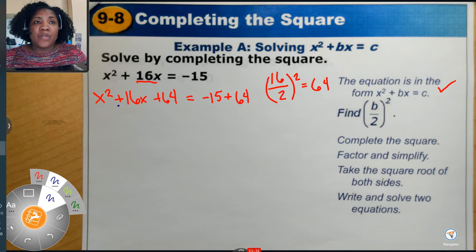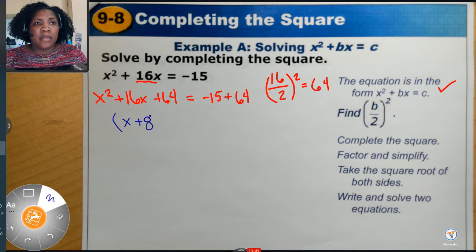All right. So on the left side, we know that this is a perfect square trinomial because we made it into a perfect square. So now we can go ahead and factor that side. So this is going to be x plus 8 binomial squared. And on the right side, -15 plus 64 leaves us with 49.